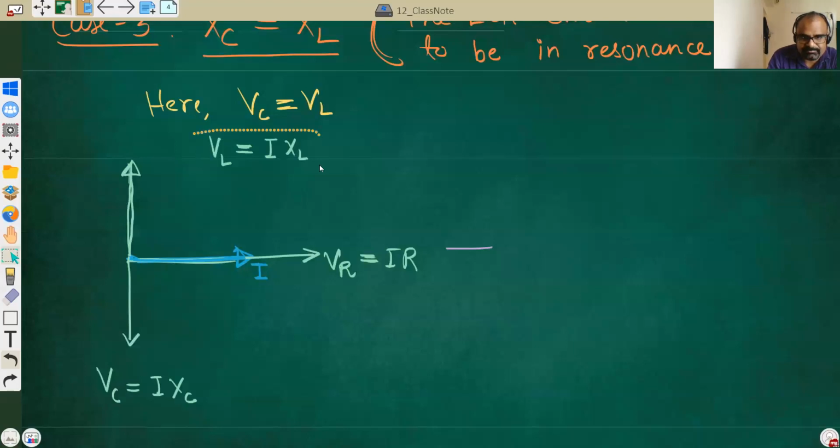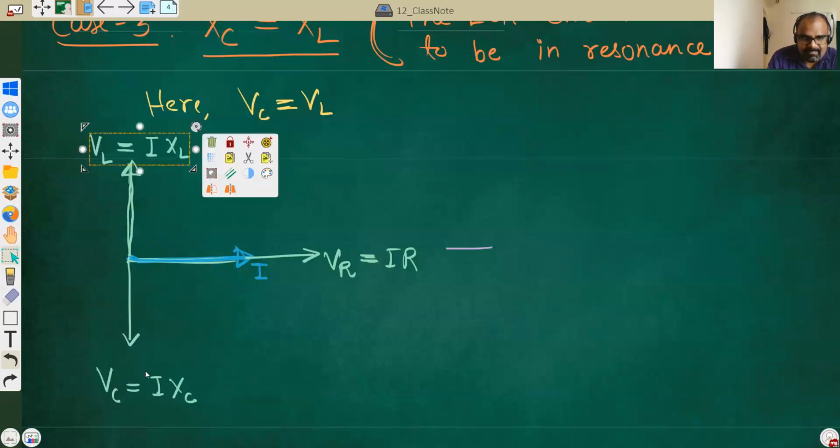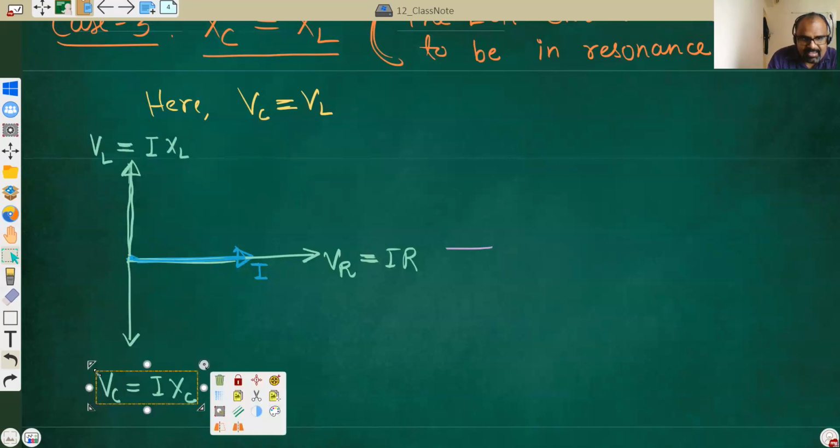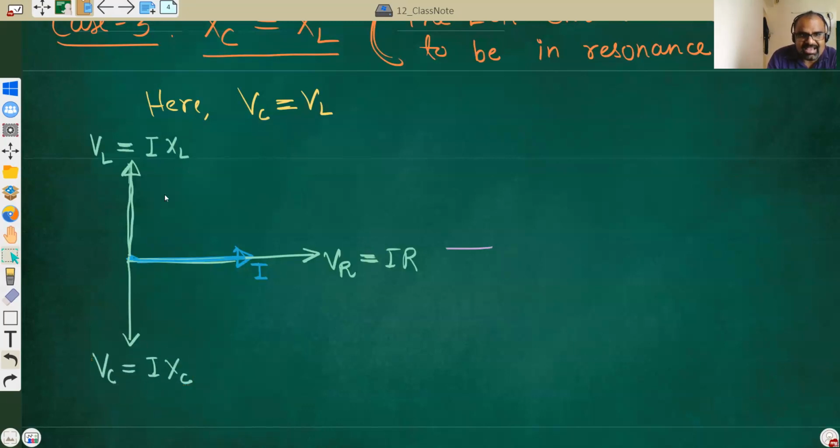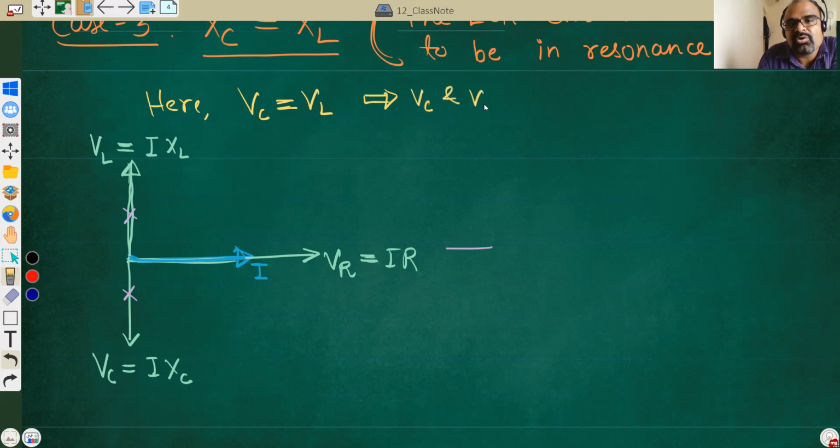Can you see? Now, if they are exactly equal, then won't they cancel out each other? Yes. So VC and VL are equal, and hence VC and VL will cancel out each other.